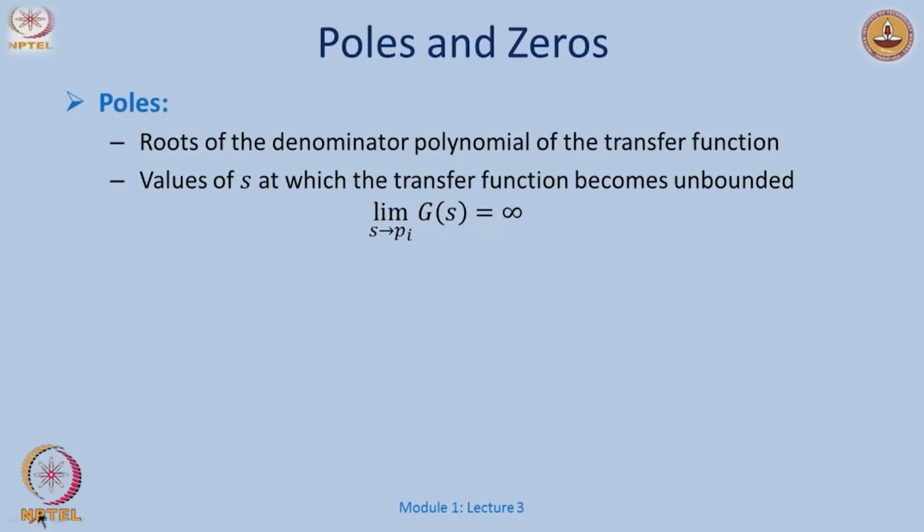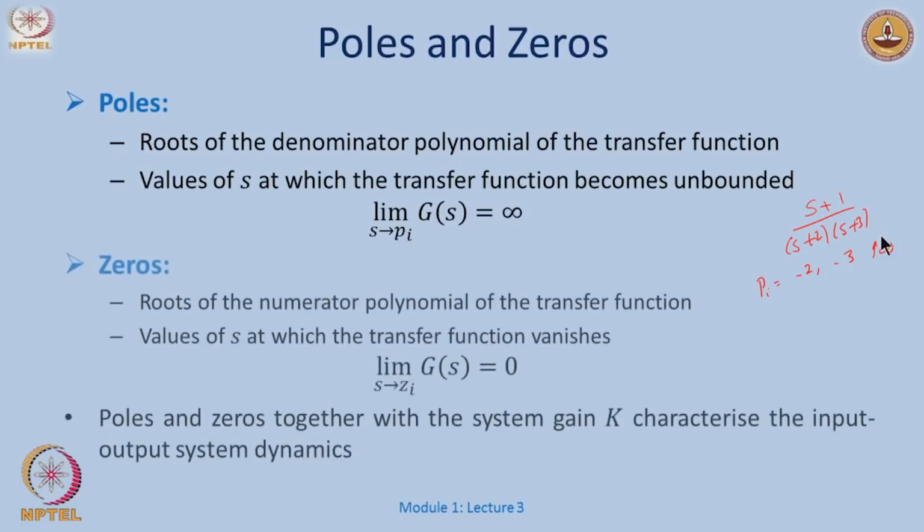A very simple example could be something like this: (s plus 1) over (s plus 2)(s plus 3). Here the poles are minus 2 and minus 3. So, if s equals minus 2, this value just goes to infinity. Similarly, zeros are the roots of the numerator polynomial.